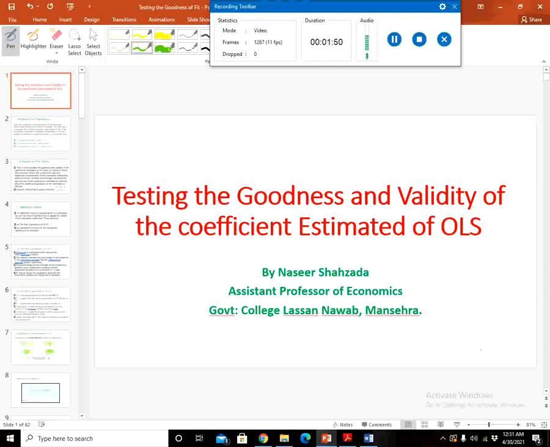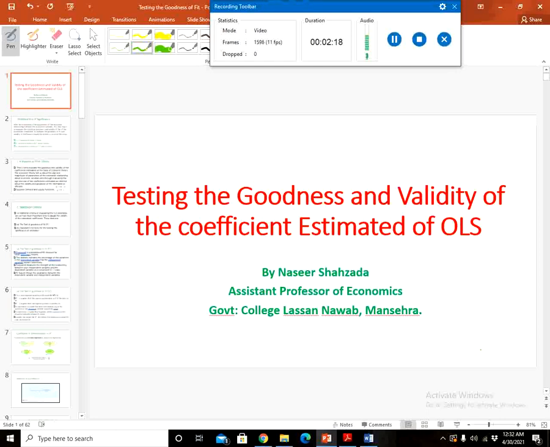The second stage of any econometric research is estimation of the model. As its name shows, in this step we take data and we estimate the model, and we estimate the coefficients of the relationship among the dependent variable and independent variables.